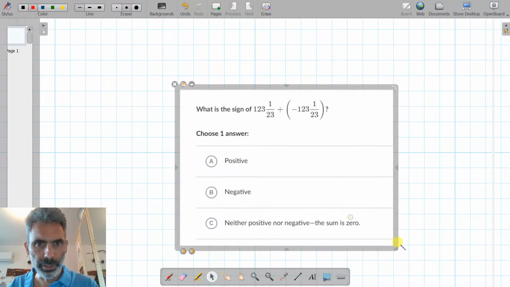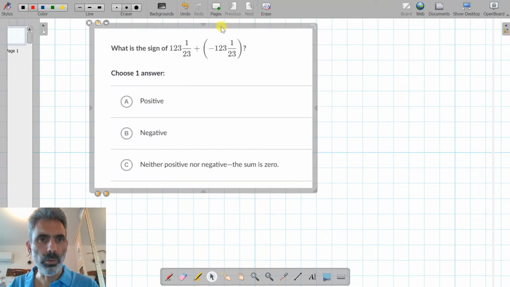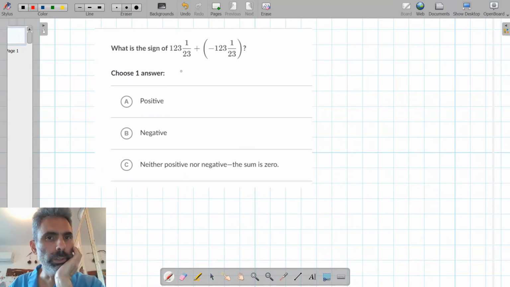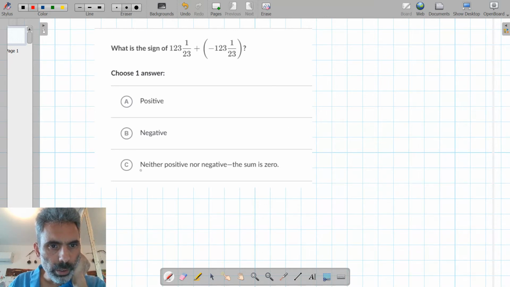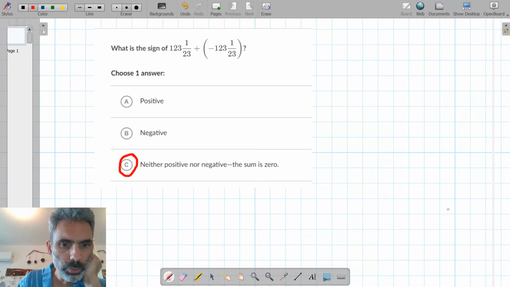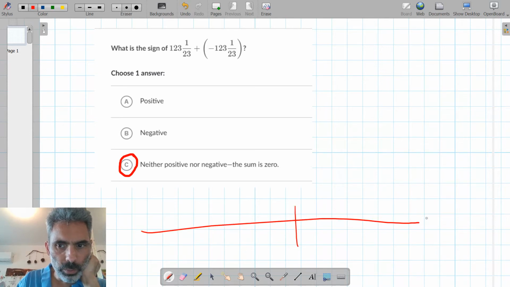What is the sign of 123 and 1 over 23 plus negative 123 and 1 over 23? So the sum is 0 because we combine two opposite numbers which are at exactly the same distance from the 0.